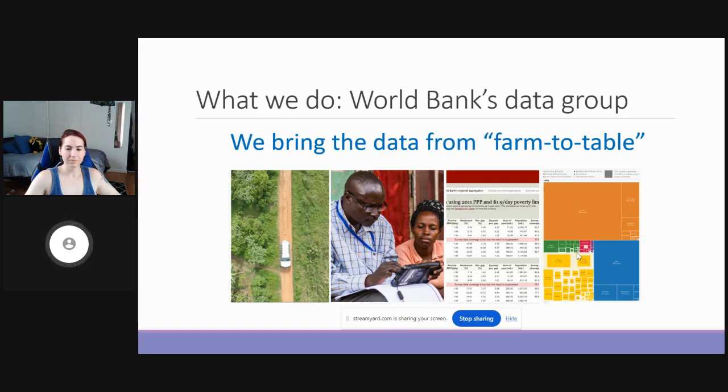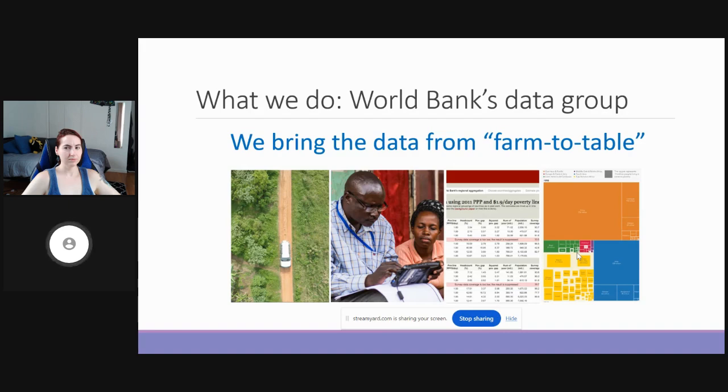We also take data from the governments and use that data to make it into comparable statistics, and then manage that data and disseminate it to the rest of the world, to make it a global public good so that it can be used further for research, for decision making by policymakers, for journalists, and for the general public to just create awareness about the general development global trends.